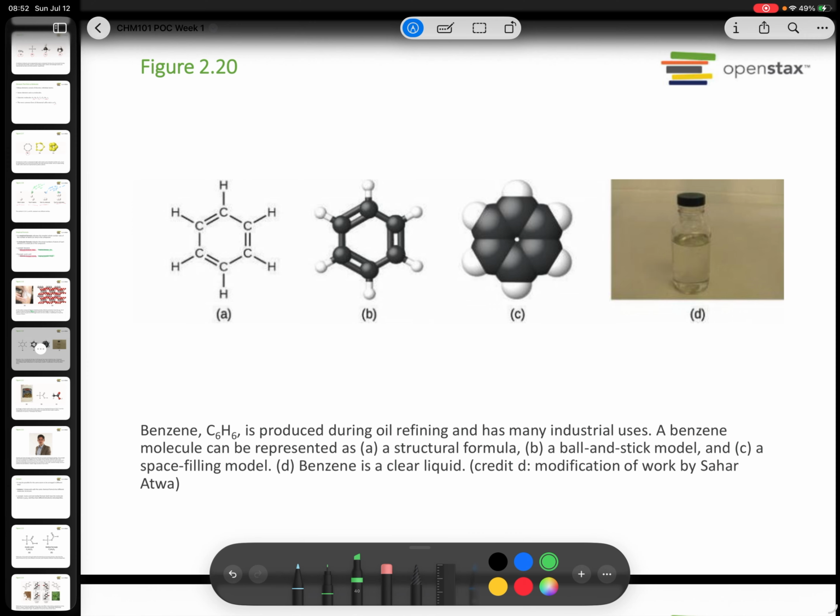The structural formula and models show us that the atoms are arranged in a ring fashion. It also reminds us on this slide that empirical formulas are simplified ratios, while molecular formulas describe the actual molecule. Okay?